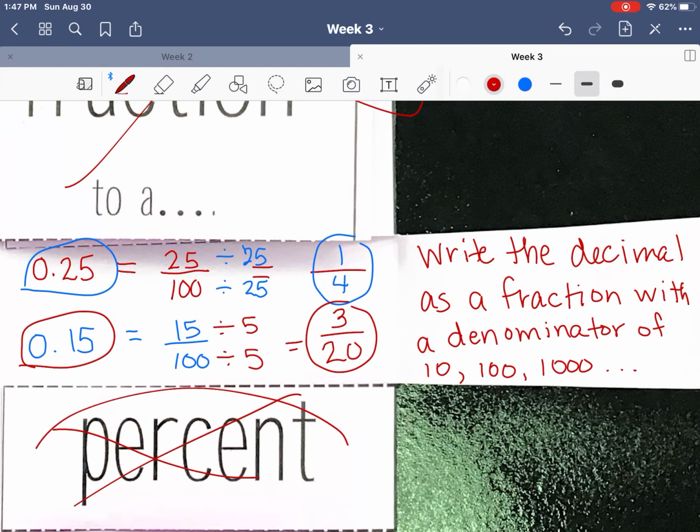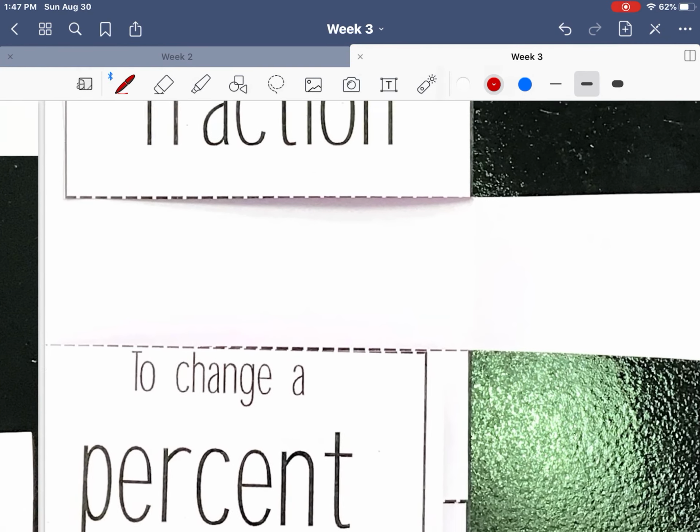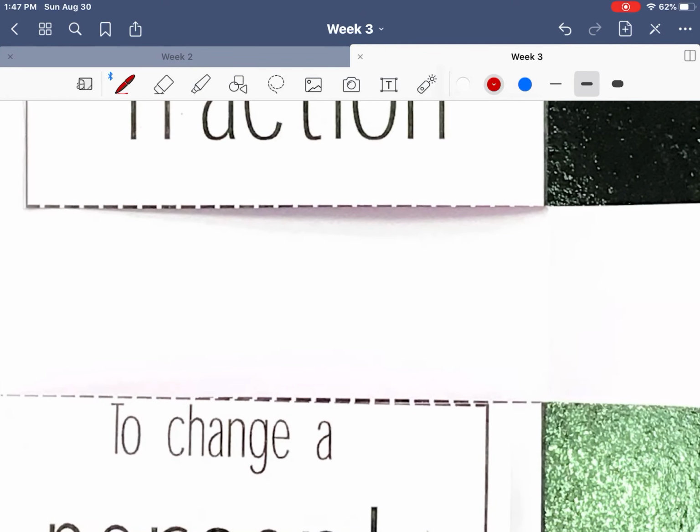Now we're going to move on. We're going to learn how to write a decimal as a percent. And this is super, super easy. Hold on. You still writing, hopefully? Okay, so pay close attention. To write a decimal as a percent, I'll write this down here because you don't have the foldable to look at.